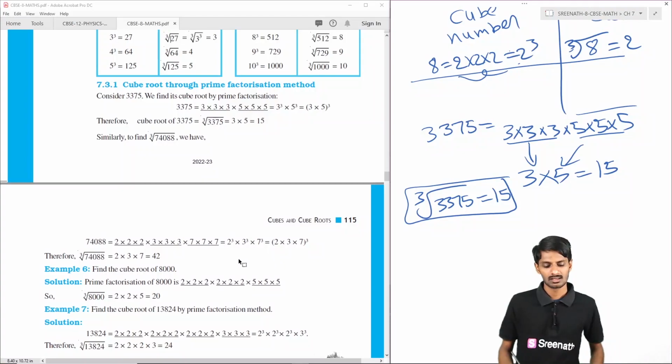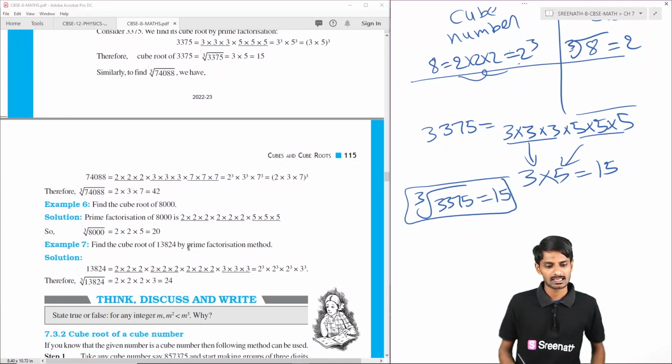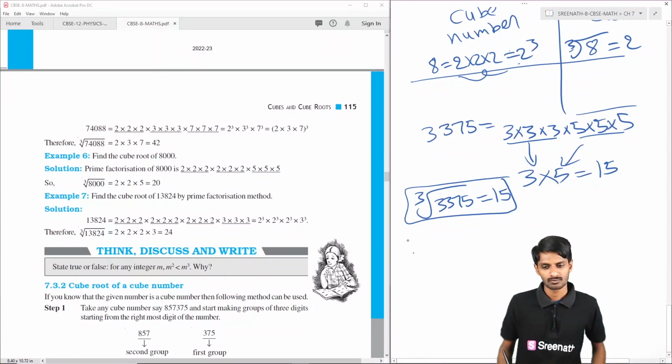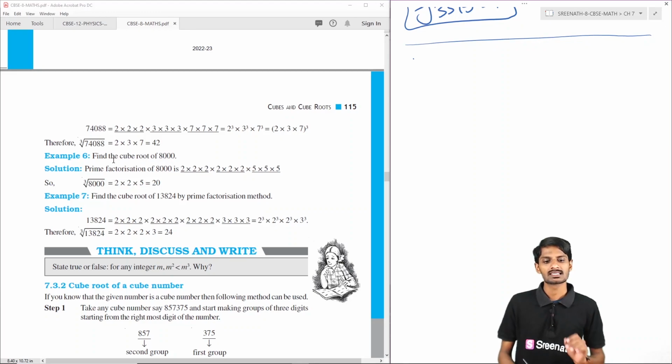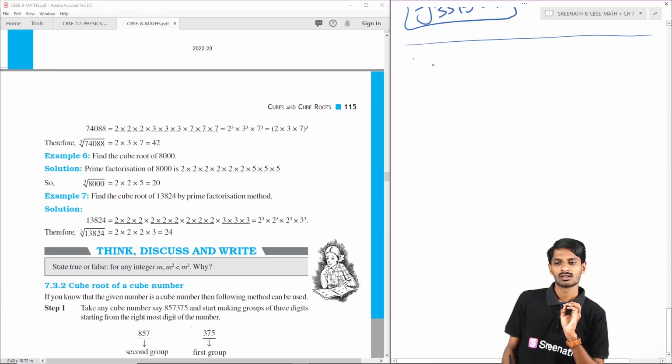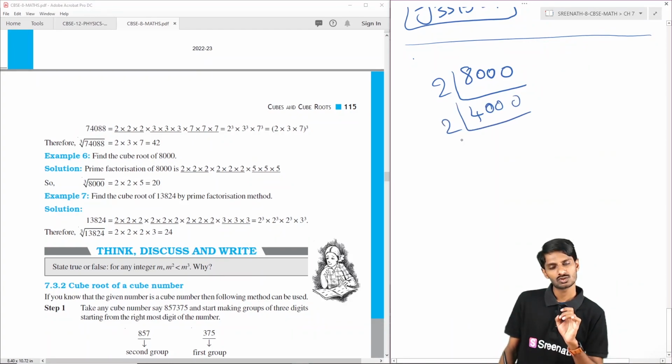Okay, students. Here is another example. 8000 is there. We have to find the cube root for it. First is prime factorization. If you go by 2, 4 twos are 8 and 0 0. Again 2 twos are 4 and 0 0 0.